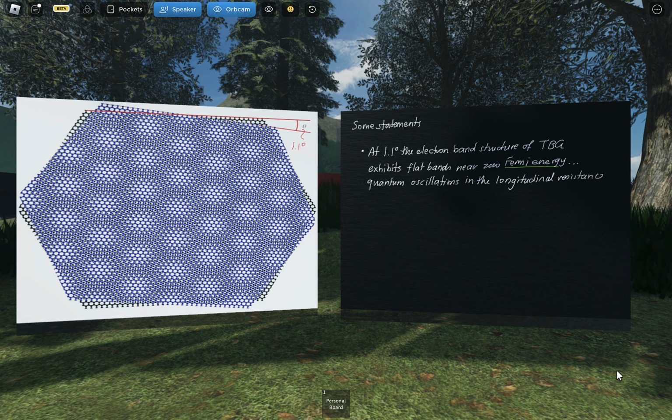So that's the resistance along the material, so the ratio of the current in that direction and the voltage, indicate the presence of small Fermi surfaces near the correlated insulating state. Okay, that's one statement.